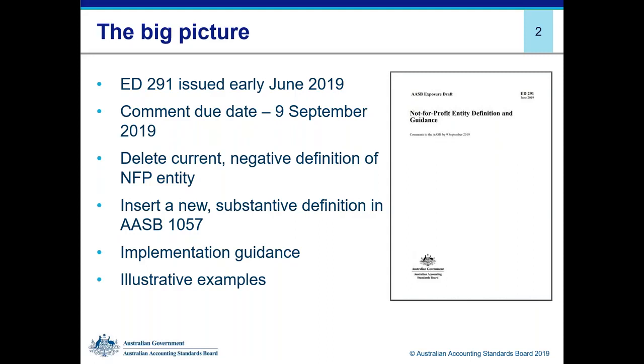And then also, along with that, some illustrative examples. The illustrative examples are intended to provide an illustration of how the principles in the proposed definition could be applied in cases that we think would be relatively common.